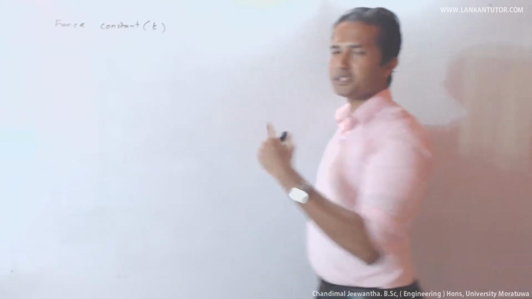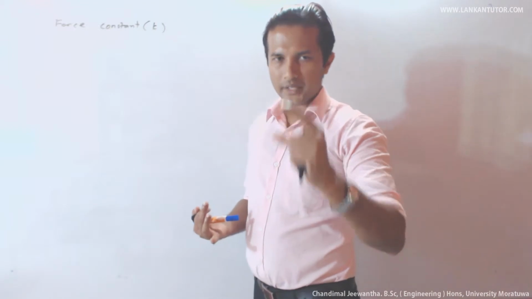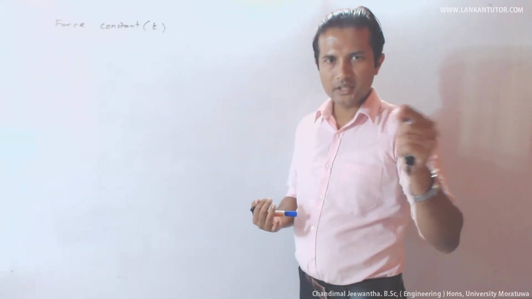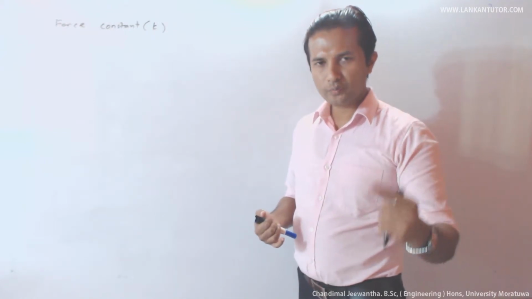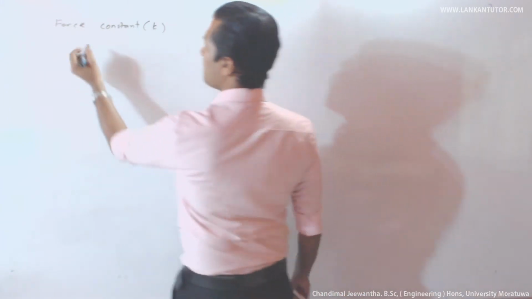So that is called the force constant. If the extension of the spring is x, the required force should be kx. F equals kx.